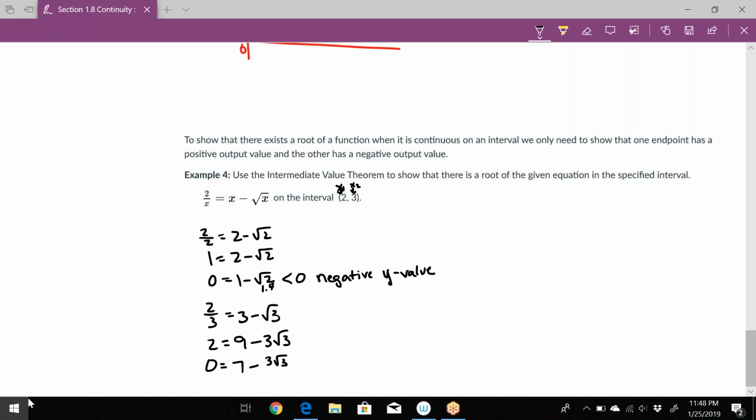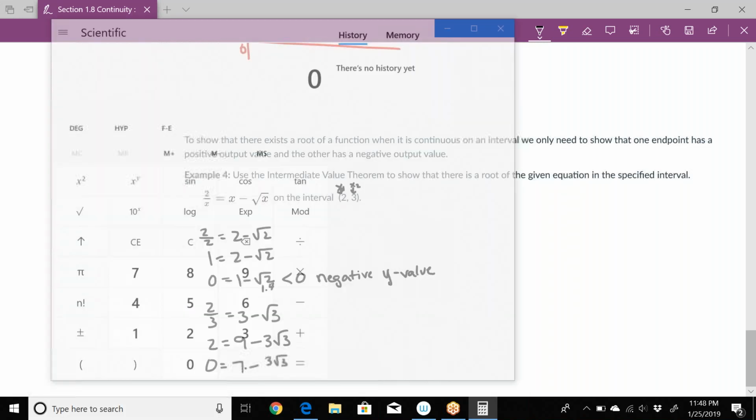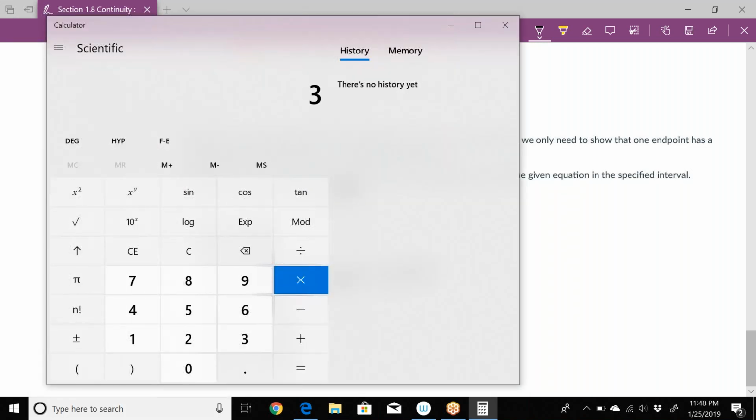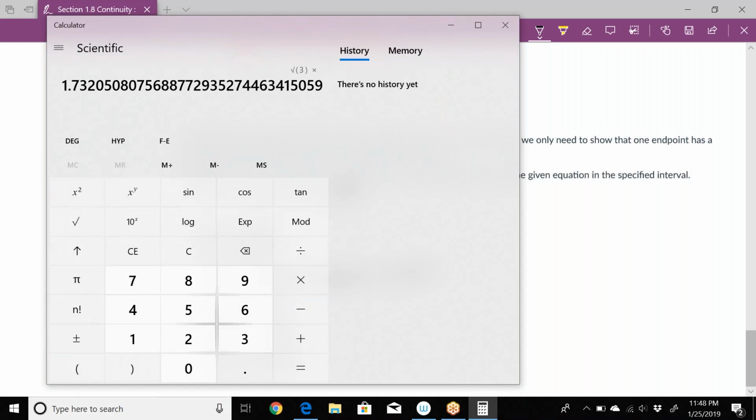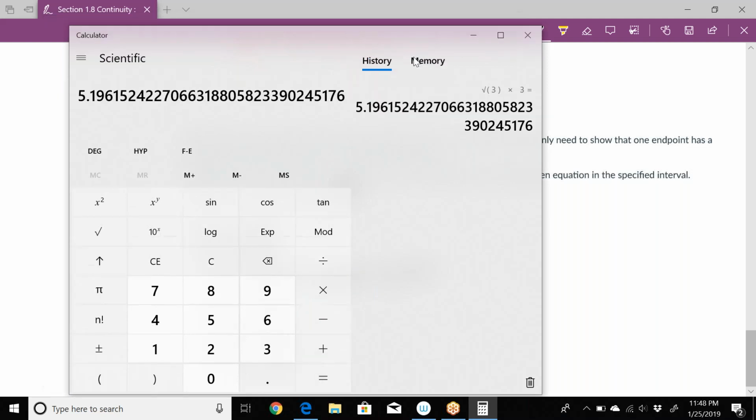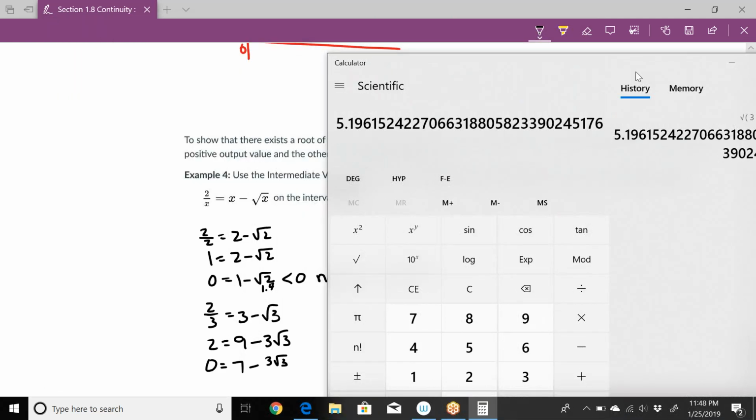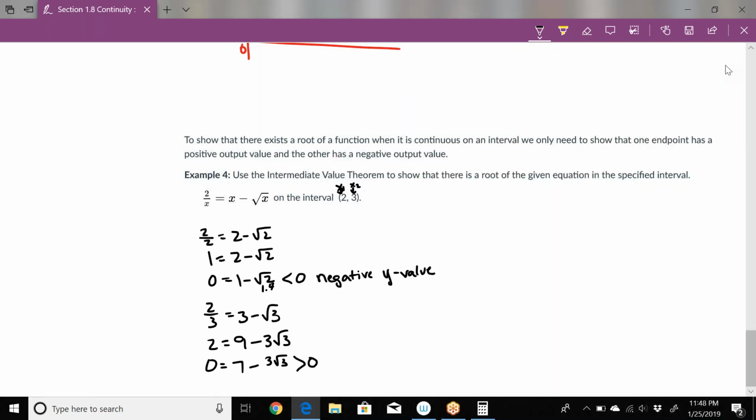Now, these didn't come out to nice ones because I didn't pick a polynomial, so I'm going to check this one. 3 square rooted is about 1.7 something times 3, and that comes out to 5.196. So if we subtract that from 7, we would still be positive. So that is going to give me a positive y value.